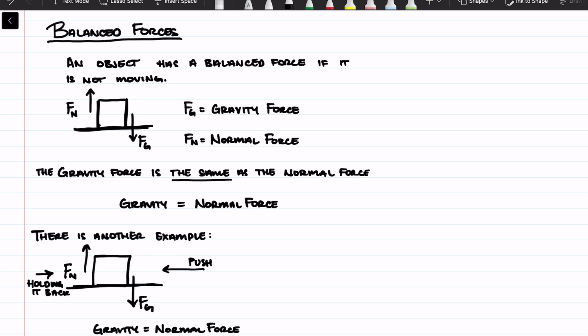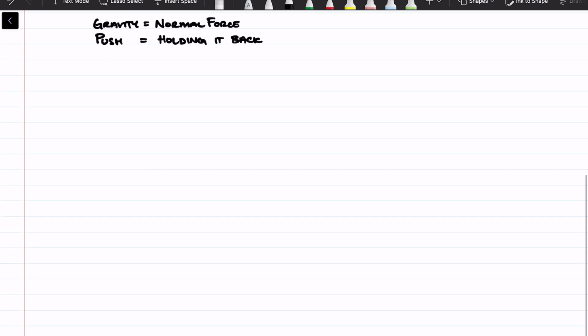Now, there is one more thing I'm going to add. And actually, objects can also have a balanced force if it is moving. But what do we mean by that?